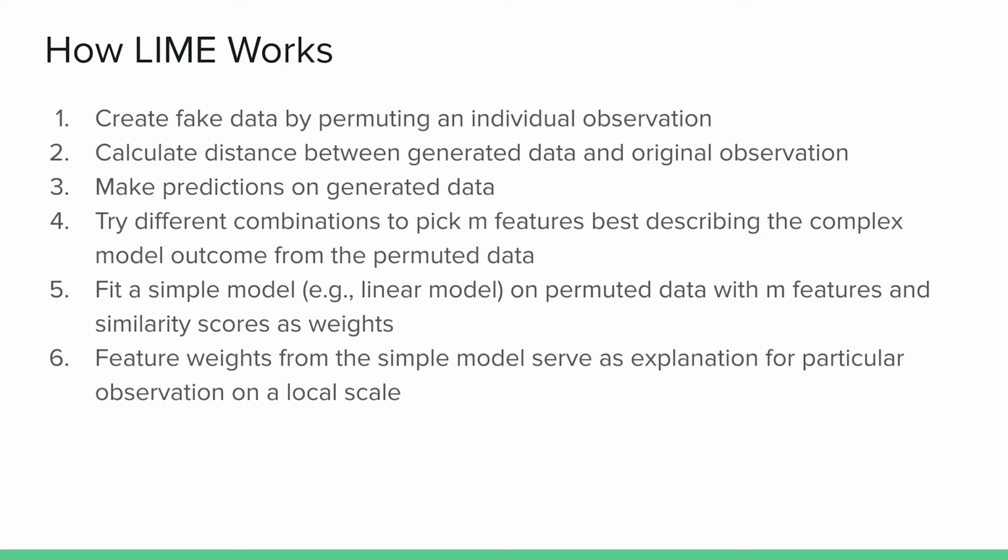We take our permuted data, we take those features and the similarity scores, so how close one permuted sample is to our original observation, take those scores as weights, and those feature weights that we learn on this simple model can then serve as an explanation for a particular observation on the local scale, so for this particular example. Summing up, the underlying idea is change one sample and watch what happens.